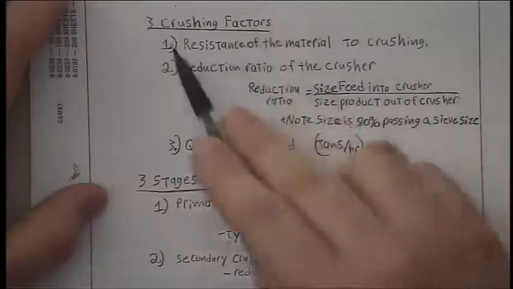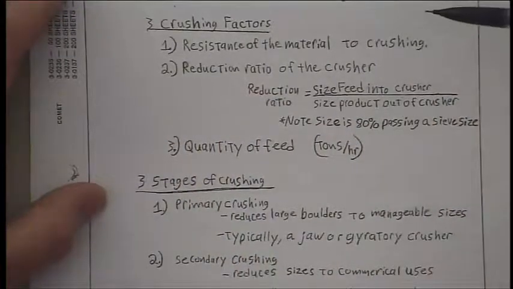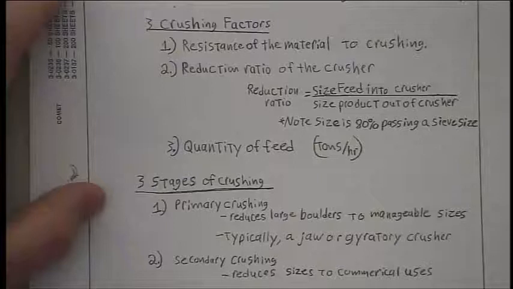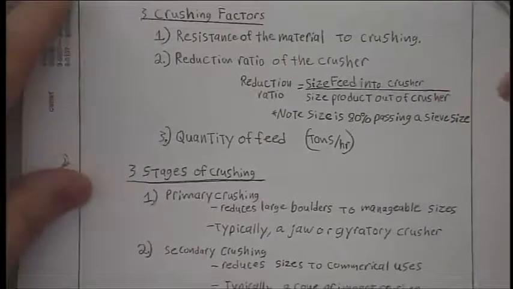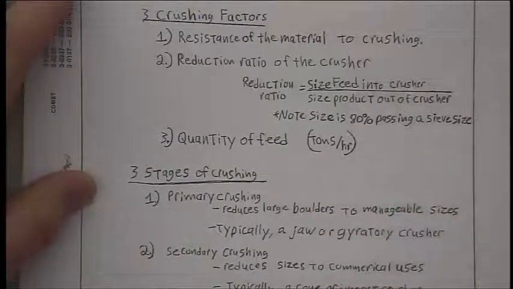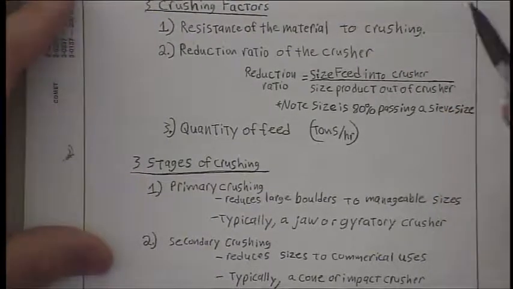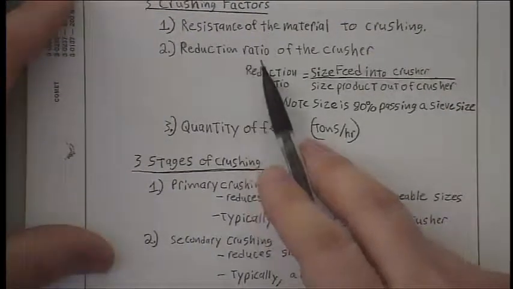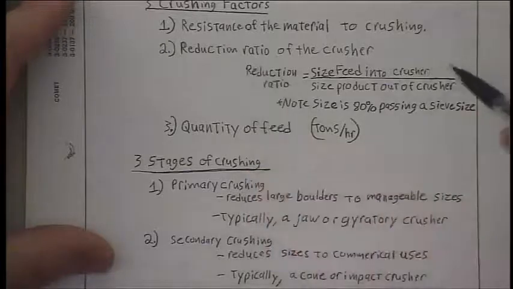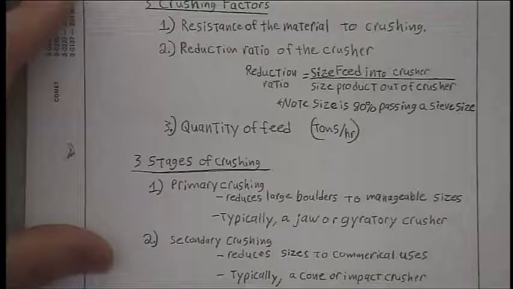There are 3 crushing factors that really go into your gradation. You have to understand the resistance of the material in general, so the material properties. That makes sense: if it's really hard or really soft, how easy is it to crush? Then also your reduction ratio, so how much are you trying to reduce the size at once?